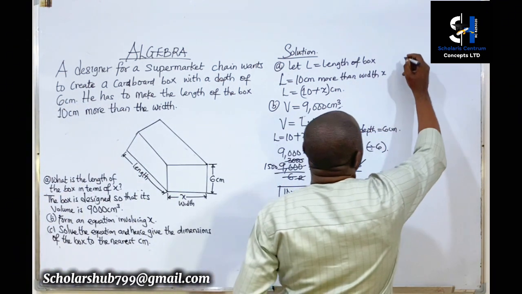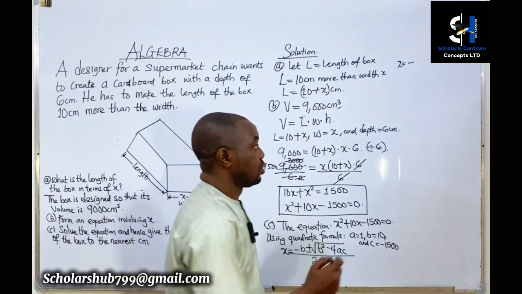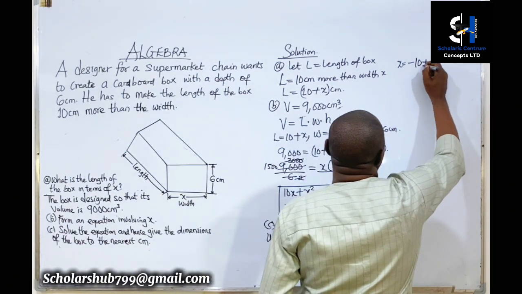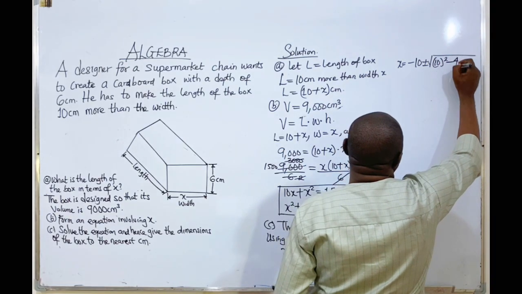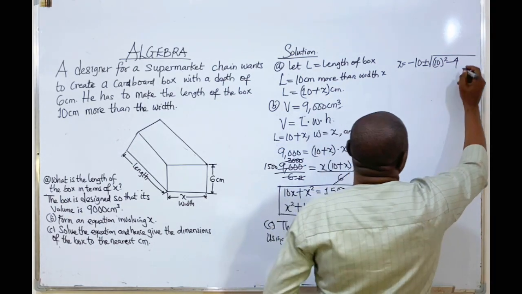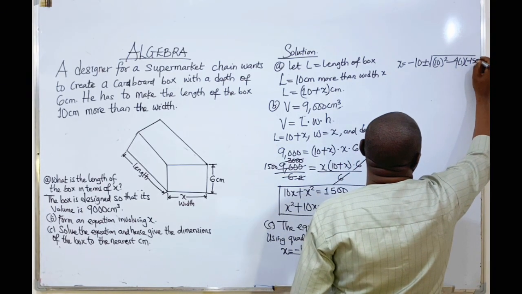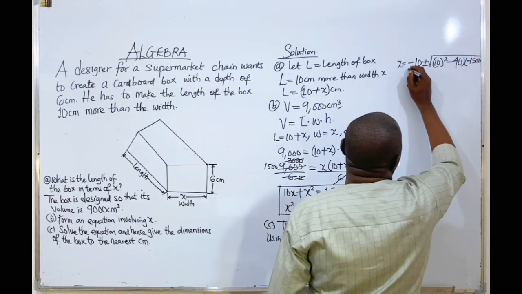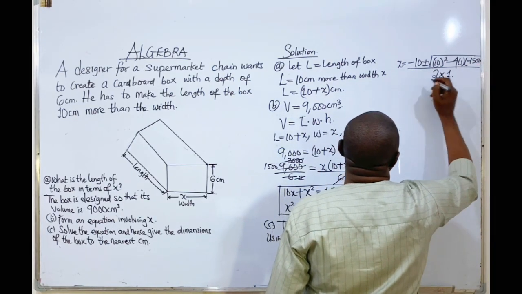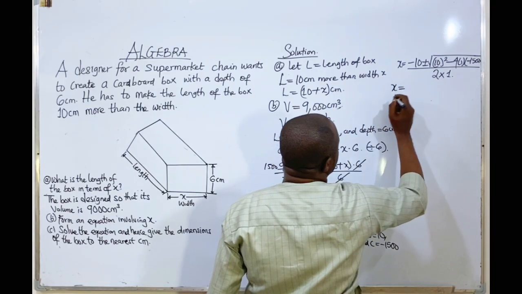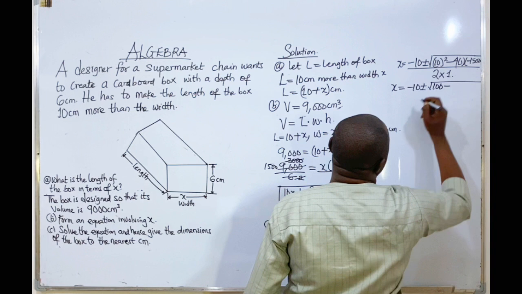So x will be equal to minus b, and b is 10, plus or minus the square root of 10 squared minus 4 times a, a is 1, multiplied by minus 1500, all over 2 times 1.